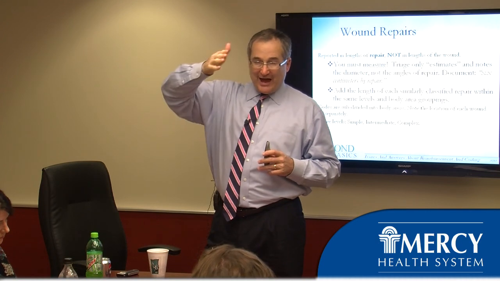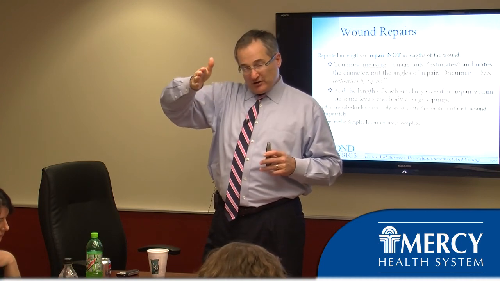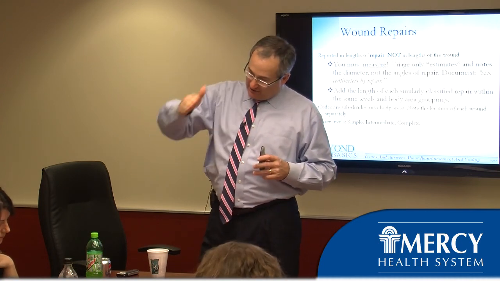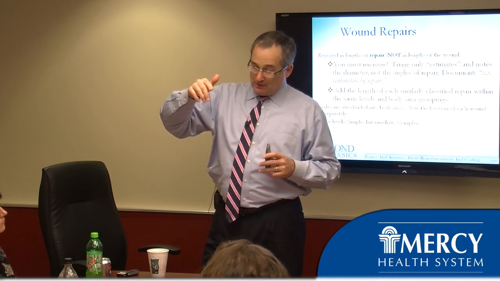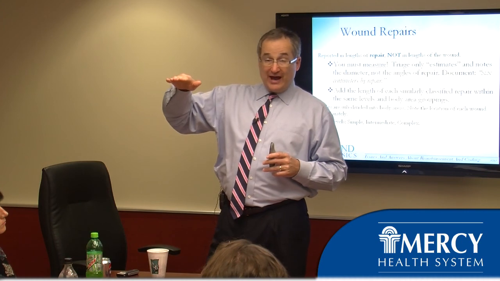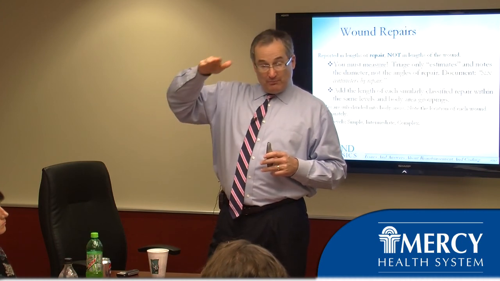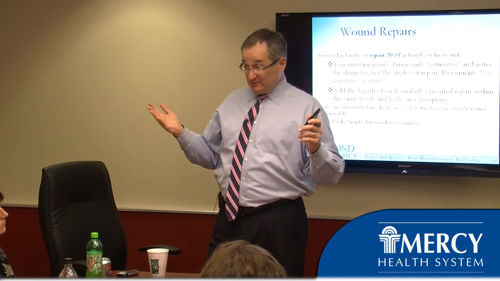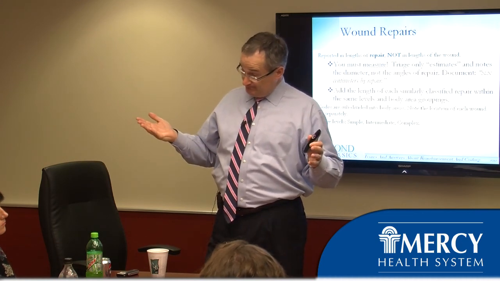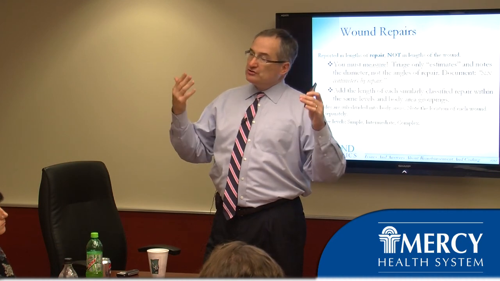So in a stellate lac, I've got a flap coming in over here and one over here and kind of another one up like that. That might be 2.5 centimeters diameter. But if I measure all angles of repair, I may end up with a 4 or 5 centimeter repair. And I will encourage you to measure.